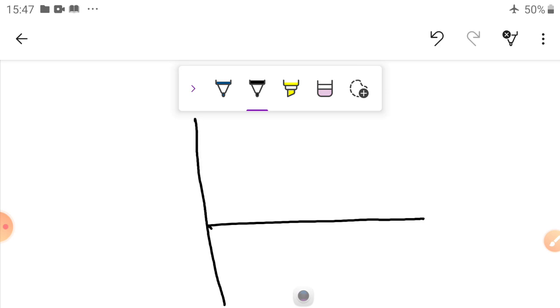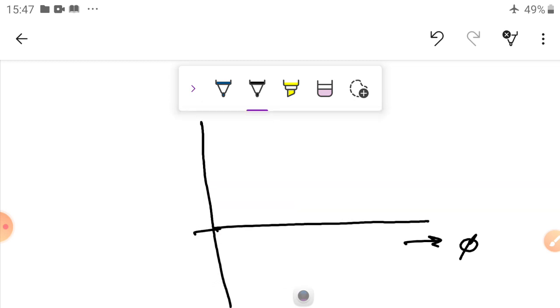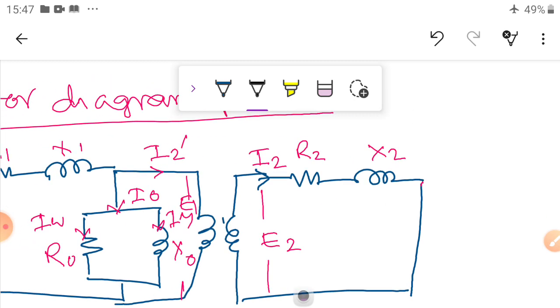Take this as phi, and take the voltage on the vertical side. Now try the no load current. I am going to write these values. That is the I0 current.